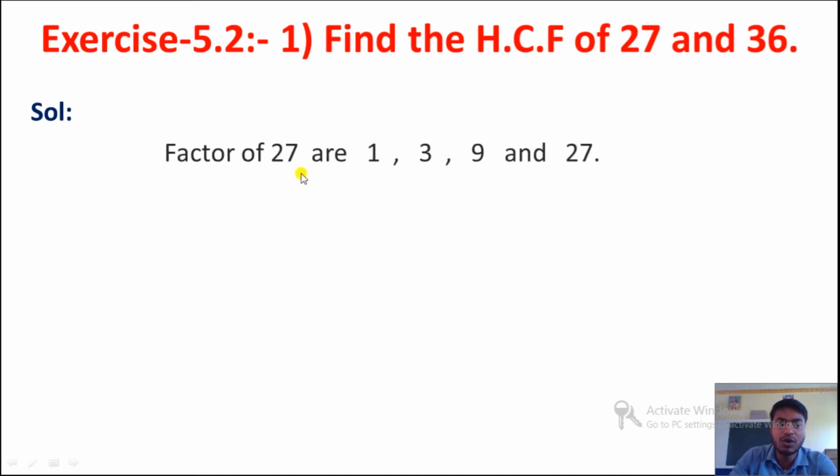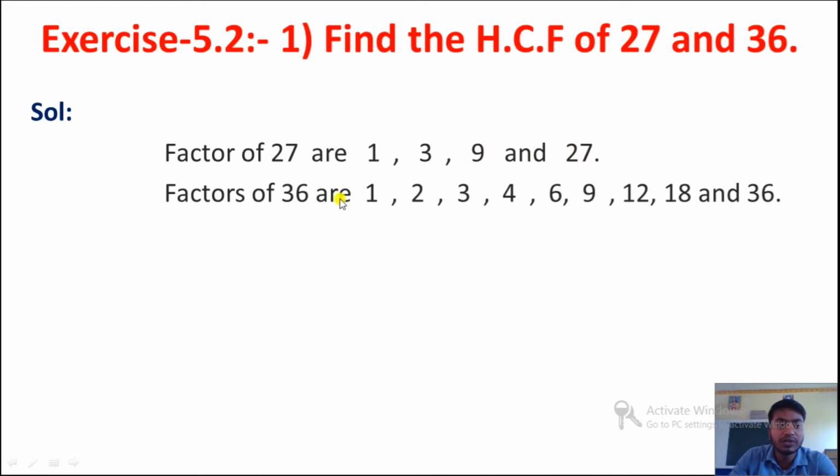The factors of 27 are 1, 3, 9 and 27. Same way we will find the factors of 36. So factors of 36 are 1, 2, 3, 4, 6, 9, 12, 18 and 36.